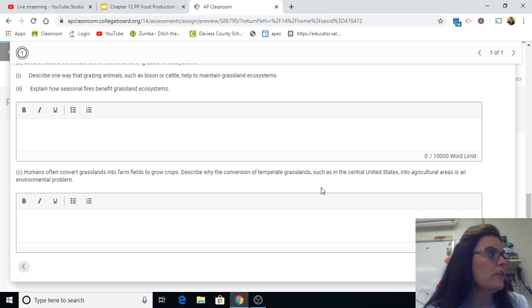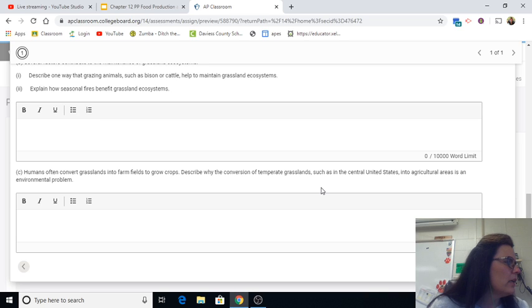You don't have to have all of those. So it says, select a point value 1 to view scoring criteria, and then 2 to score the response. The response provides one of the following descriptions of why conversions of grasslands. Okay, so that's it. So all you had to do is just give me one, and you got that point.